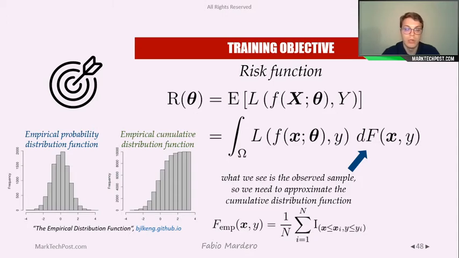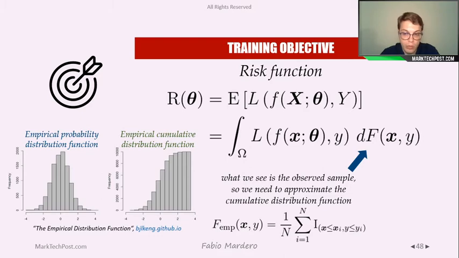So let's take a deeper look at the definition of risk function here as expected value. We are computing the integral on omega, which is our sample space, and what we do here is we use the cumulative distribution function. But here is the abstract cumulative distribution function, the true one.